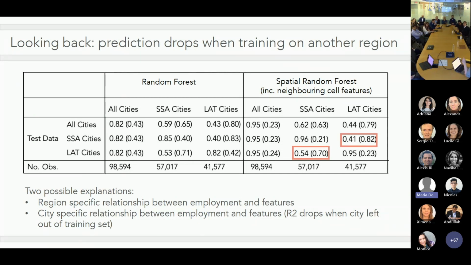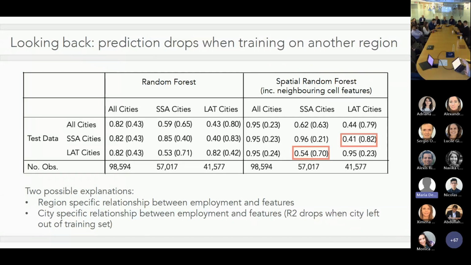That's a much harder task, for the simple reason that none of the information on the Latin American city is in the training set. So we're doing a variation of this out of sample prediction already here, and we see that the R-squared drops significantly.